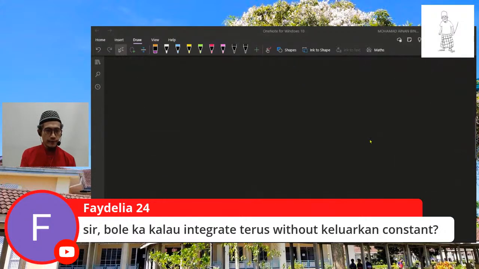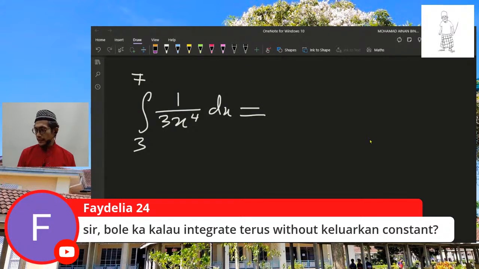Let's say you have the integral from 3 to 7 of 3 over x power 4. Okay, for example like this. If you don't want to remove the 3 outside, no problem. We still can do it.